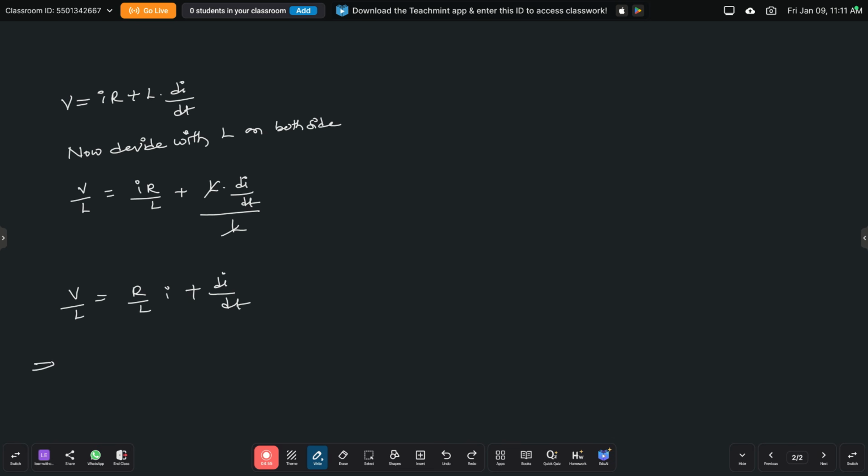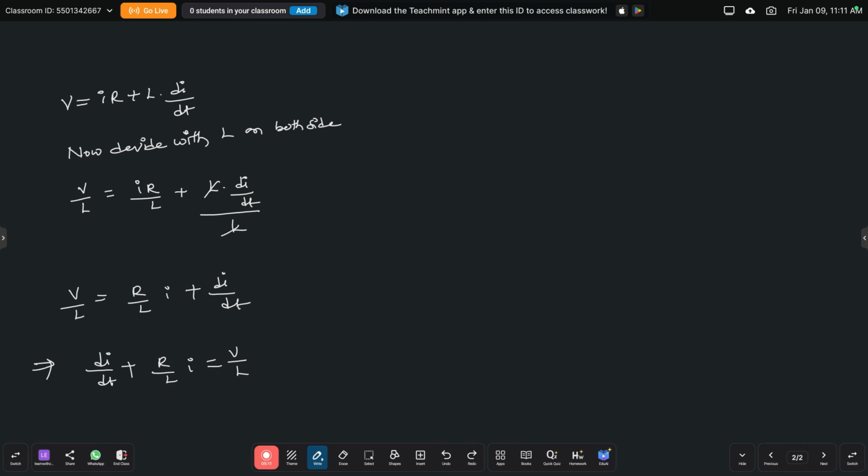I redraw this equation as di by dt plus R by L I equals V by L.